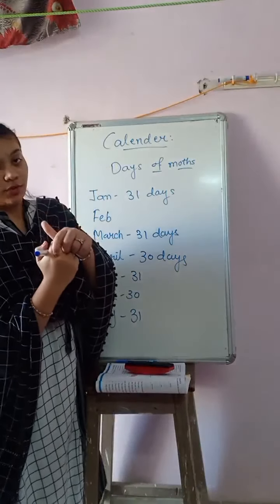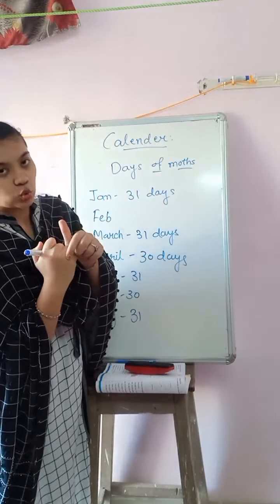Okay, January, February, March, April, May, June, July will be here.